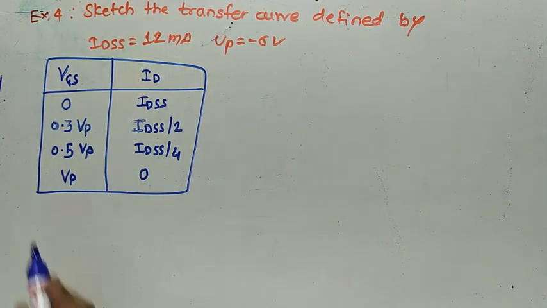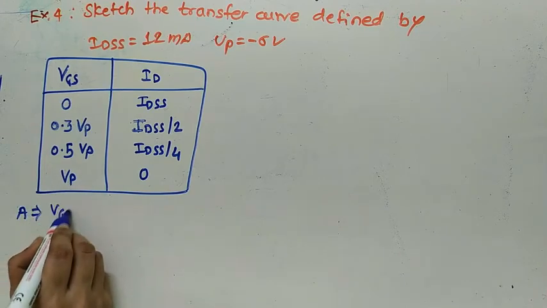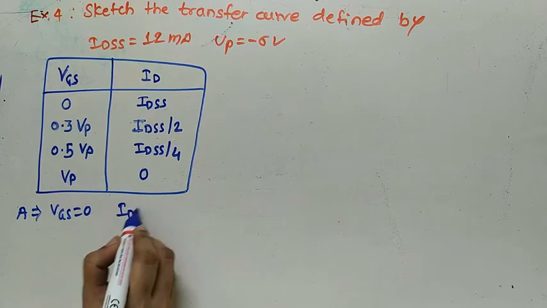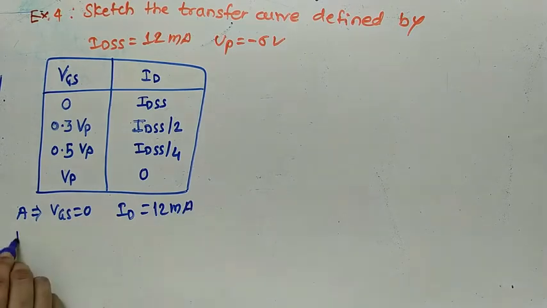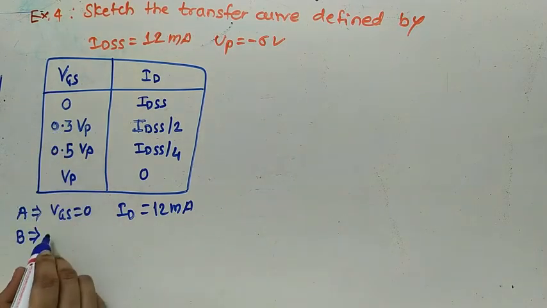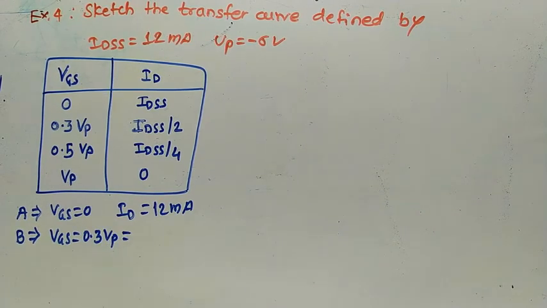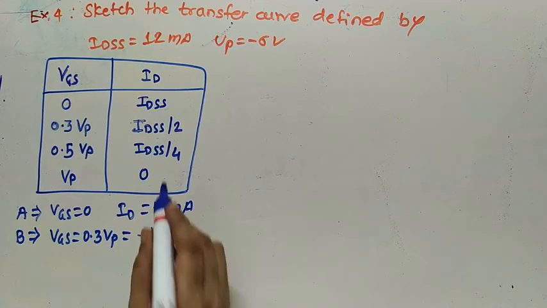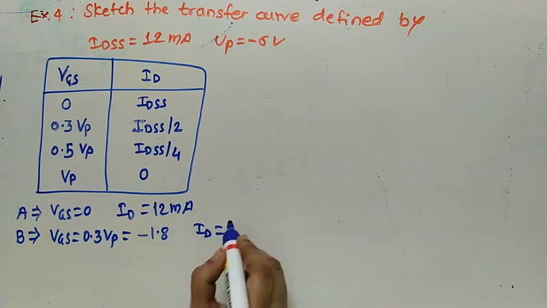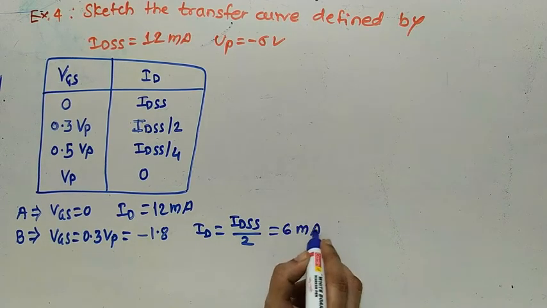So let's consider point A: VGS equals 0 and ID is equal to IDSS, that means 12 milliampere. Point B is VGS equals 0.3 Vp, which is minus 1.8 volt, and ID will be IDSS upon 2, that is 6 milliampere.